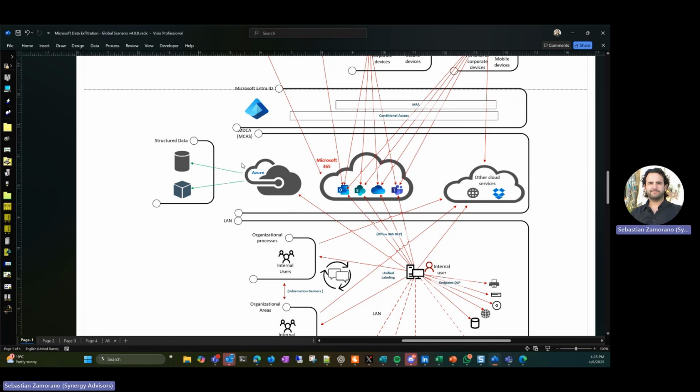You can see past videos about data classifiers, about sensitivity labels, about endpoint DLP, and inclusive at this point, Purview Data Map. Here on Azure, we have another component that permits to identify all the structured data that is accessed by this user and others, and classify that information.